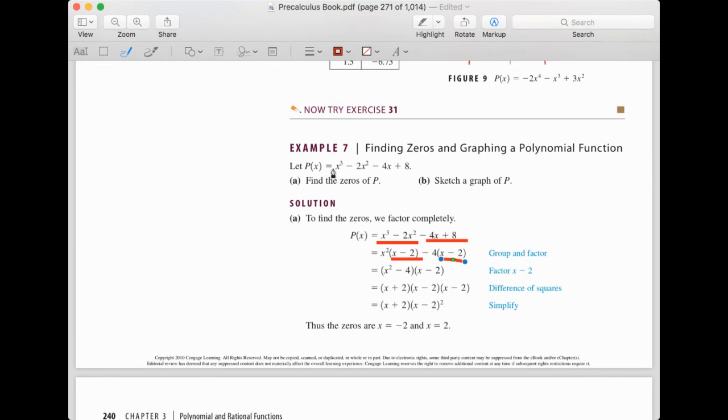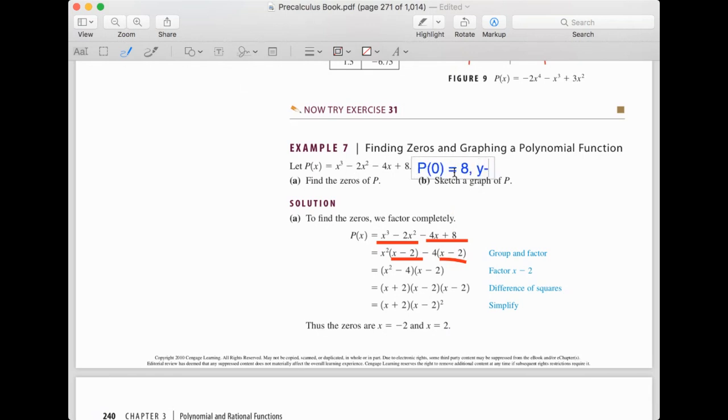Now we can sketch. We know x cubed, right? Our right and the coefficient is positive. So our right hand up and left hand down. And then we have those 2 roots. And what's our y-intercept? Y-intercept, right? So p of 0 equals to 8.